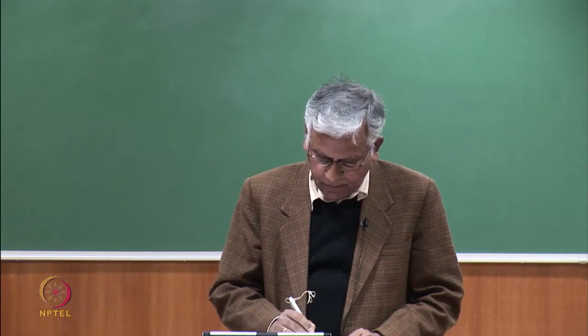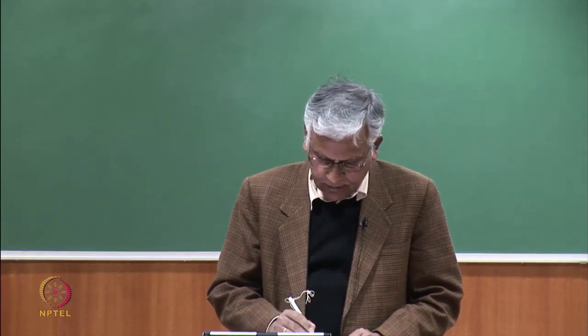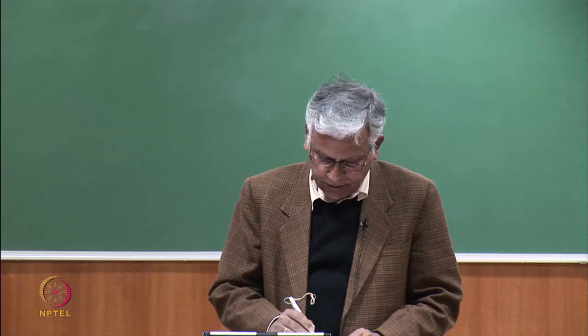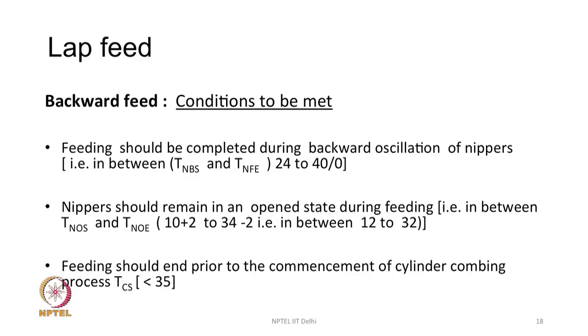Now, lap feed during the backward journey of the nippers, because there are machines where the feeding timing is changed due to some other reasons. In backward feed, what are the conditions to be met? First, feeding should be completed during the backward oscillation of the nipper, and we have to see at what time it starts and ends.